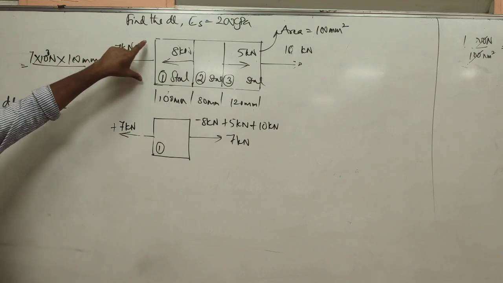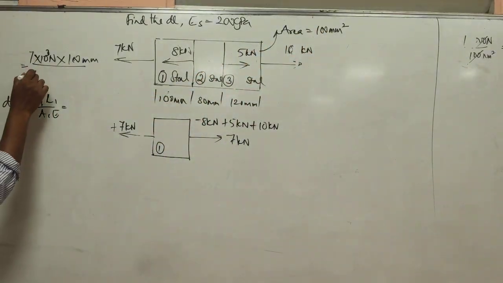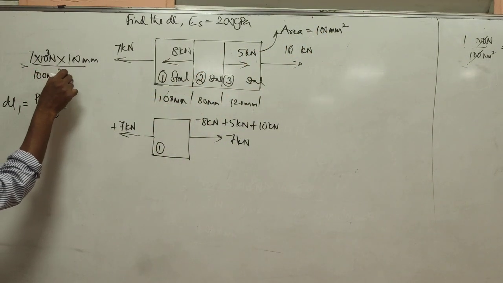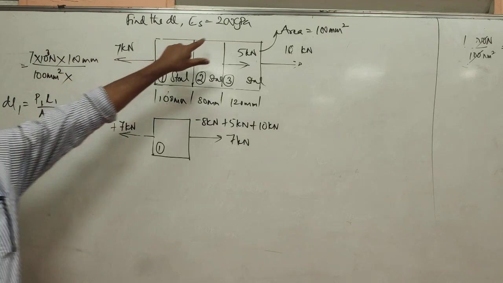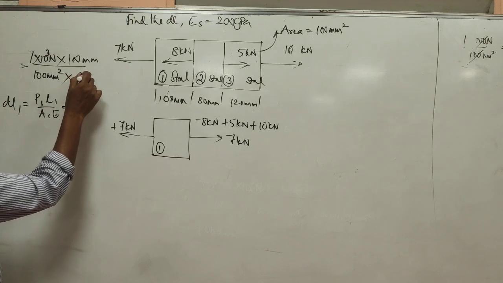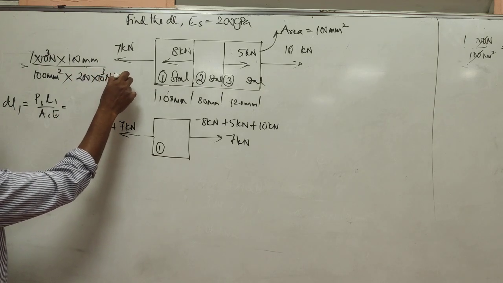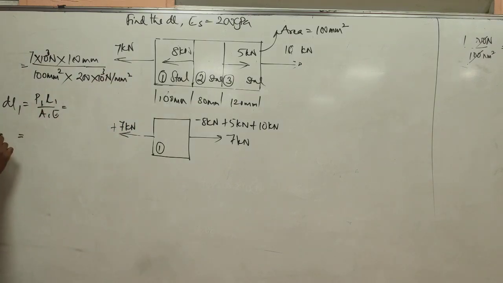The area I set as 100 mm square, and E I gave as 200 GPa. I think all the sections are steel. So 200 GPa can be converted to 200 into 10 to the power of 3 newton per mm square. So we can find out dl1.